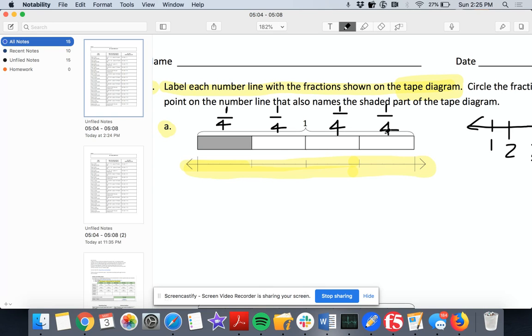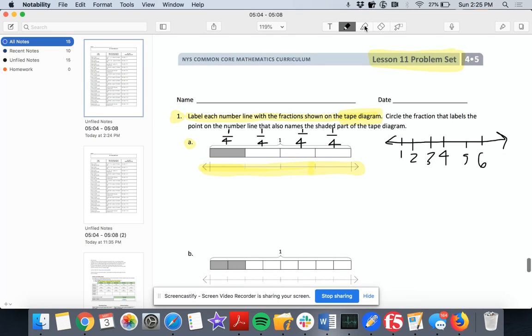And we're going to apply our same number line skills that we've known for such a long time to our fractions. Okay, so a number line starts with 0, and this is telling us that this piece goes until 1. So we're going to end with 1. It is safe to say that this piece is 1/4 because that's where this piece is cut off, and that's where we know this unit fraction is.